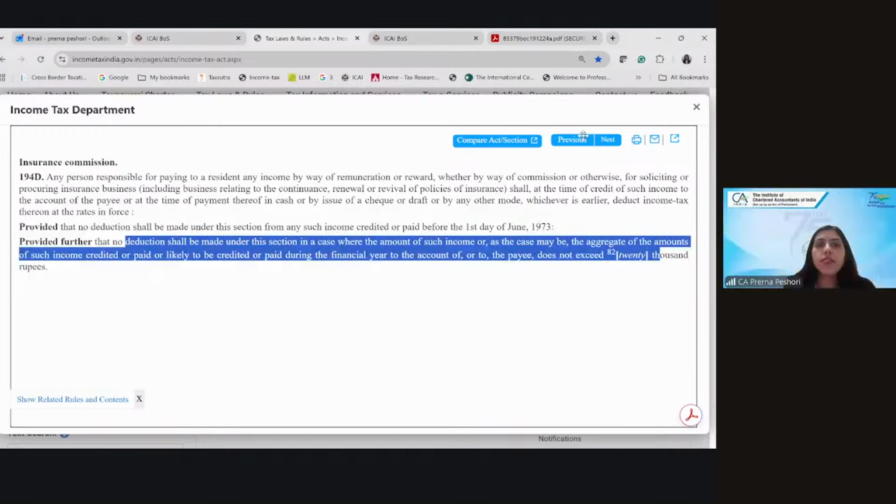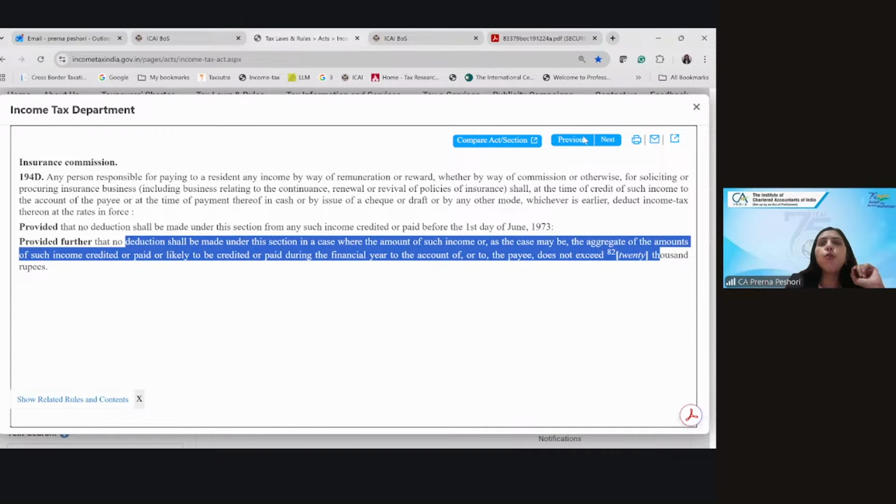Yes, students, faster. 10% in case of domestic company. And where do you get this from? Finance Act. Very good. Finance Act.